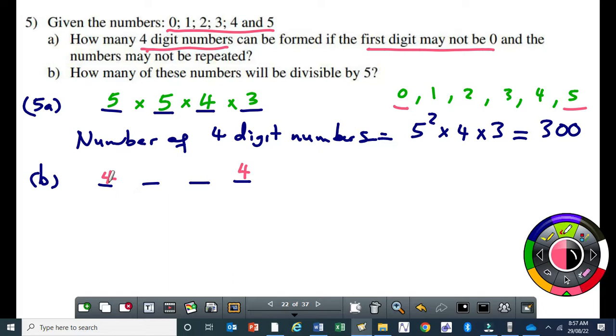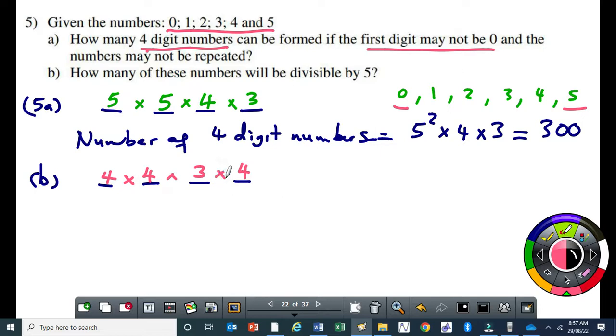Are you following? Then, once you put a digit here, how many are left? 3. But what about the 0? So we can put 4, and then it's 3, and then it's 3. Then you use the fundamental counting principle.